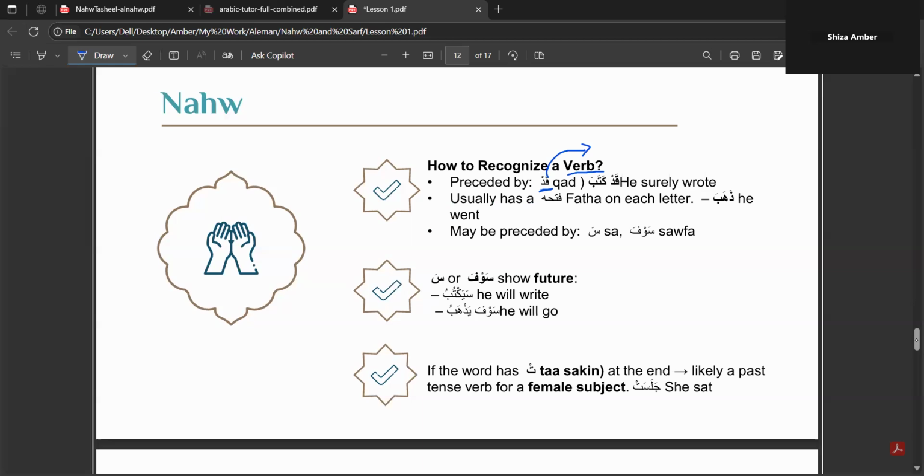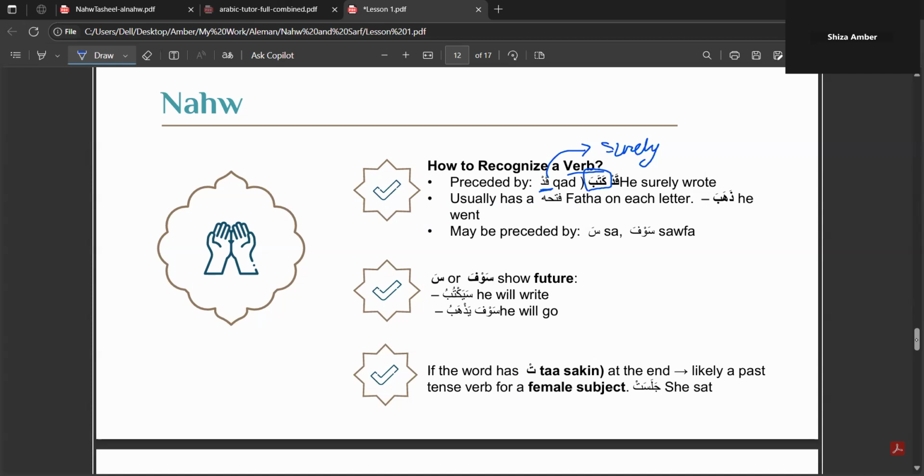Okay, qad itself has a meaning of surely or certainly. Anything that will surely happen, you attach a qad before it. So it will become qad kataba. Qad kataba. So kataba, I told you, has all the fathas. So if a word has all the fathas, then that will be in past tense.